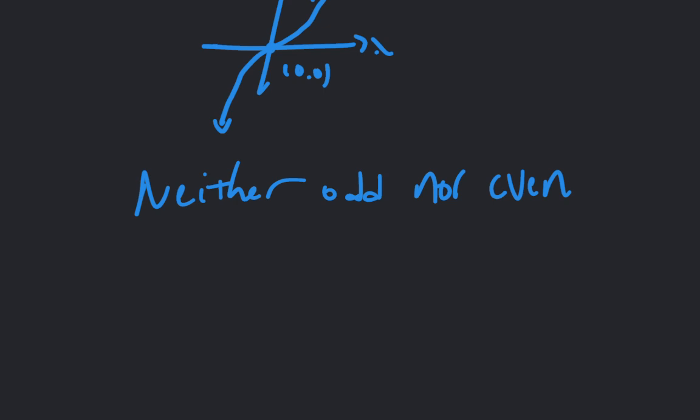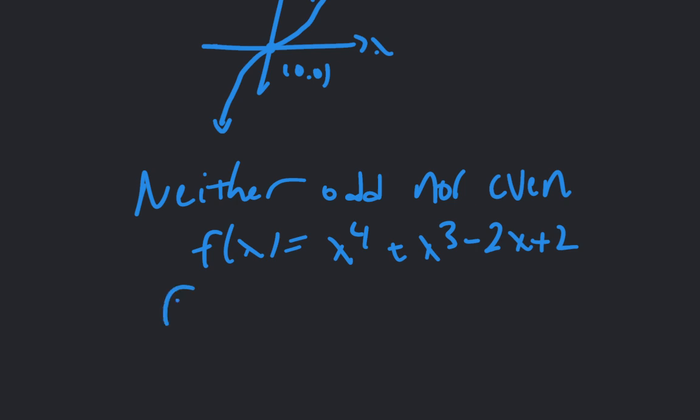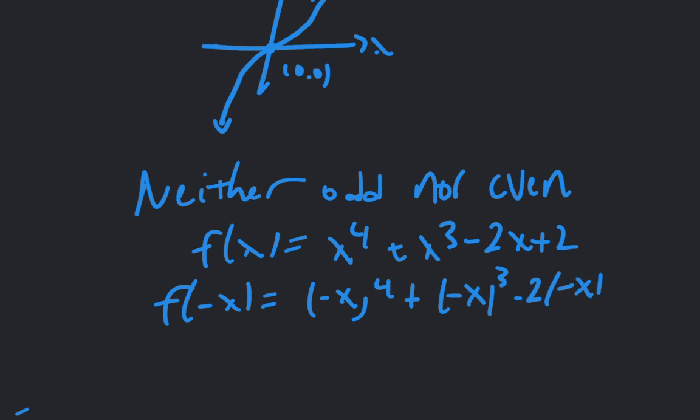For instance, if we have f of x equal to x to the 4th plus x cubed minus 2x plus 2, plugging in f of negative x, negative x to the 4th plus negative x cubed minus 2 times negative x plus 2.